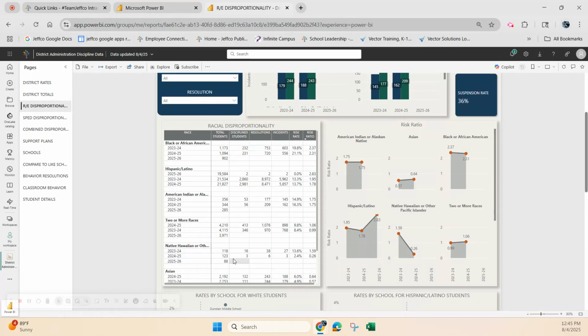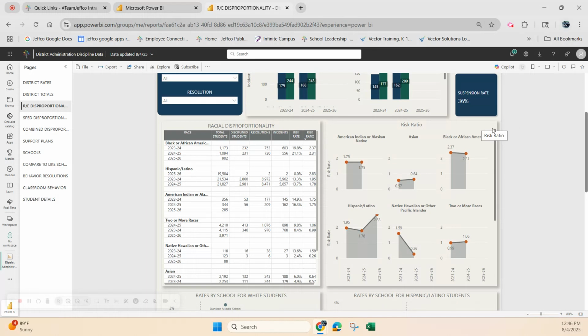But if we go down to our Native Hawaiian Pacific Islanders for last year, we had 3 students who were disciplined out of 123. So that is a really low number, but we still need to keep an eye on this because CDE looks at any number that is 5 or greater. So that means 5 students that were disciplined. And if we have 5 or more, that is going to be counted in our state data. So we just need to be really cognizant of that.